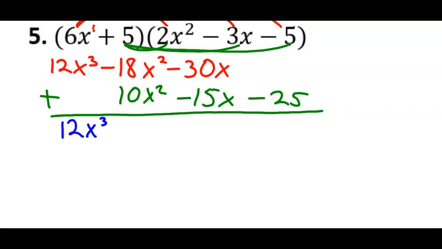Negative 8x squared. We can add them together because they're x squared terms, they're like terms. The exponent doesn't change. Only when we multiply it changes, not when we add. What about this? Negative 45x minus 25. Good?